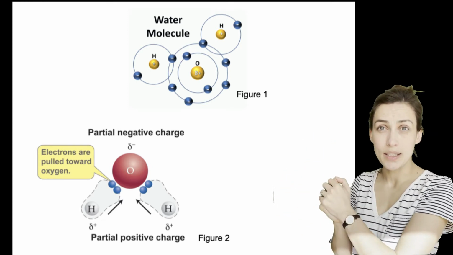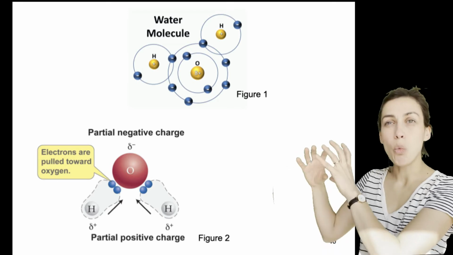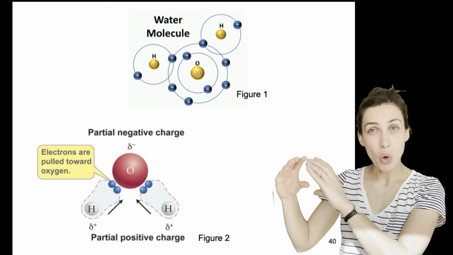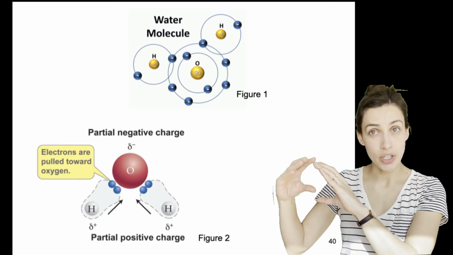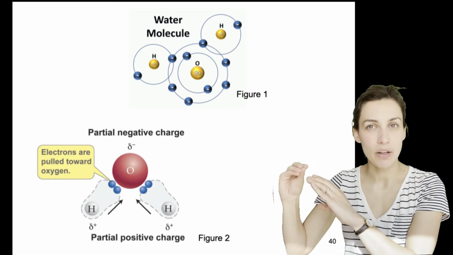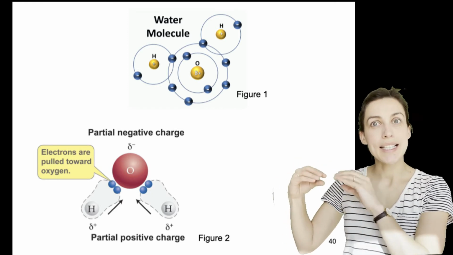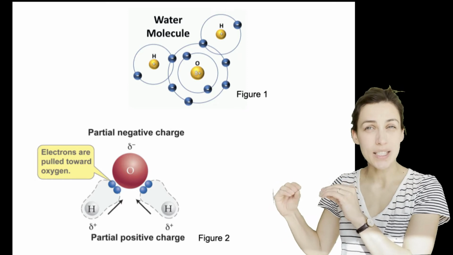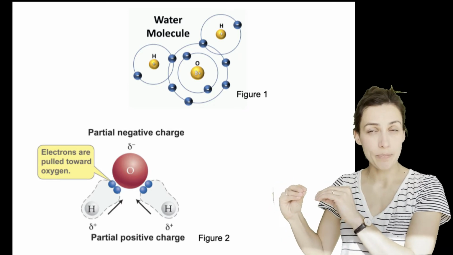around the nucleus. So if we look at the water molecule as a whole, the side of the water molecule that has oxygen is just a tiny bit more negatively charged than the side of the molecule that has the hydrogens attached, which is slightly positively charged.